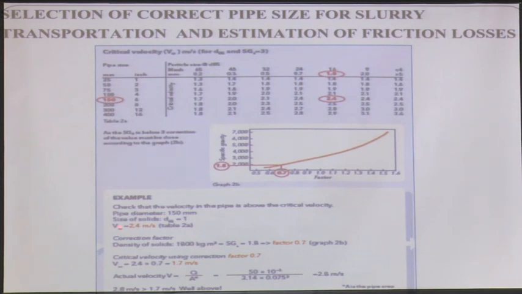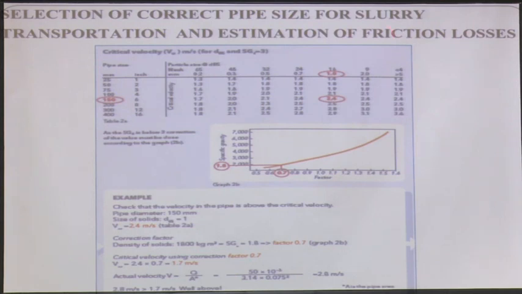Suppose here from the table he has calculated 2.4 meter per second initially, right. Now, after the correction it has become 1.7 meter per second, right. But if the actual velocity he has picked up is 2.6 or 2.8 meter per second, which is much higher, there is no problem as far as the settlement of the solids in the pipe is concerned.